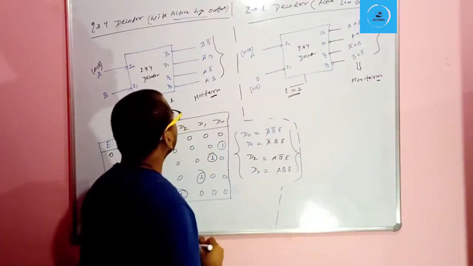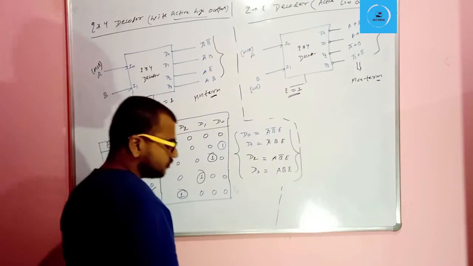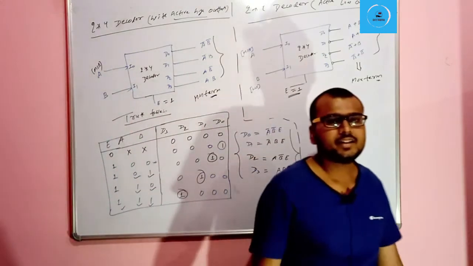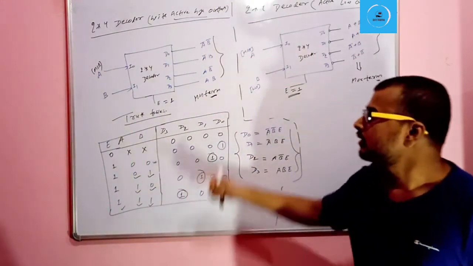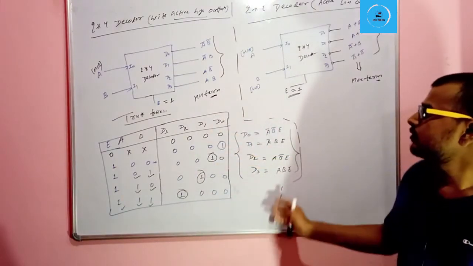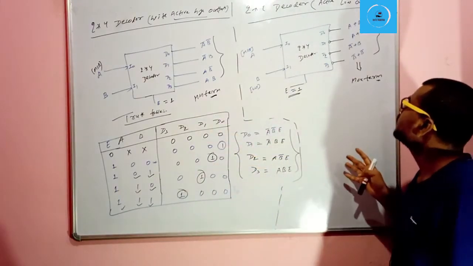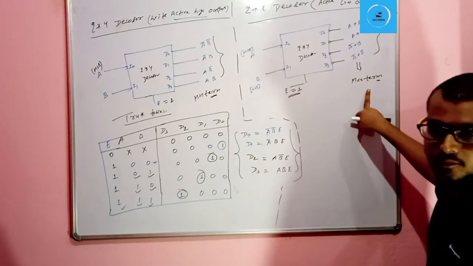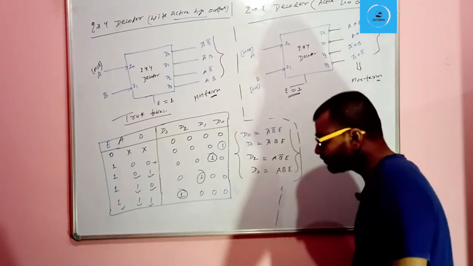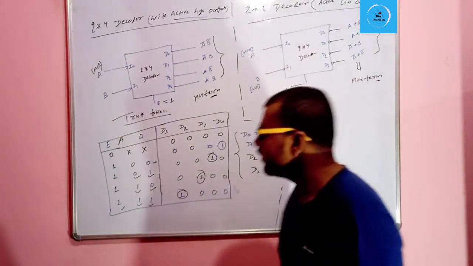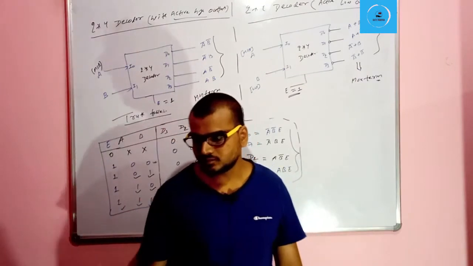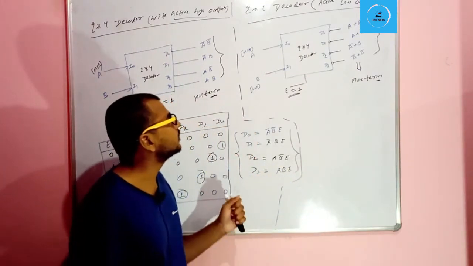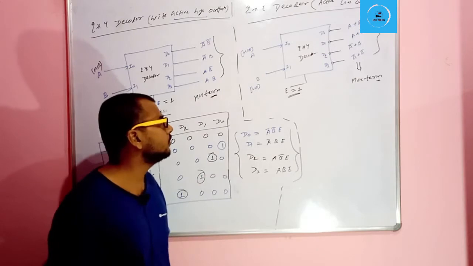So we can say that the 2:4 decoder with active high gives the output as a min term, and the 2:4 decoder with active low output gives the output as the max term, right. I hope this is clear to all of you.